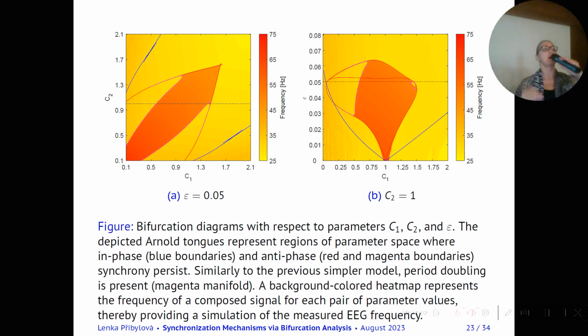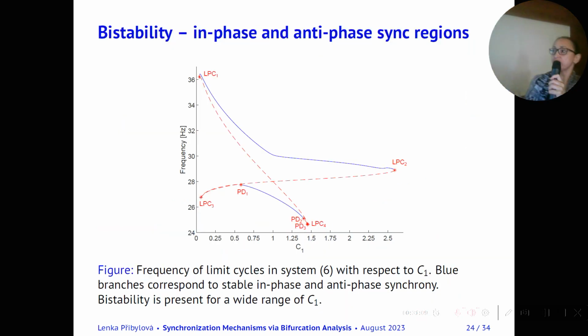So when one is up, the other is down. And you can see quite nicely that this is also bistability, so the upper branch is in phase and the lower branch, the blue one of the cycles, is antiphase.